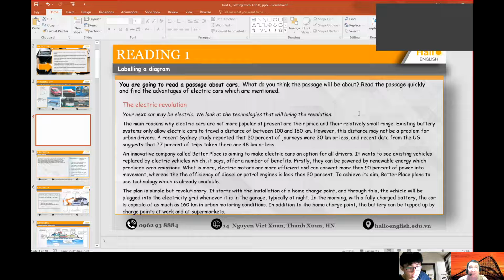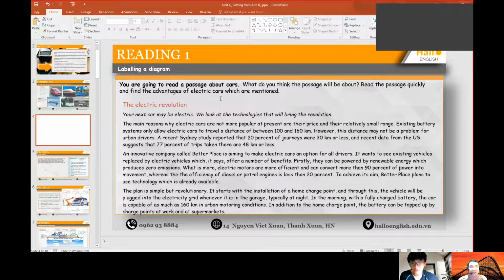The electric revolution. What about here? We are going to understand the advantages, the advantages of electric cars. So you're going to read this and find the advantages of electric cars.